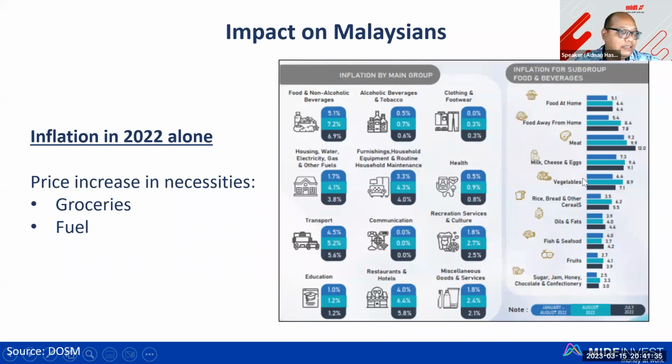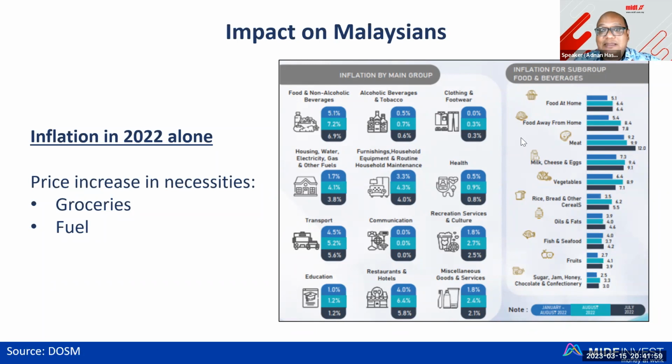If you look at the bar chart on the right, this is 2022 alone. From January to August, we could see that prices of meat actually rose by 9.2%, and August per se actually rose by 9.9%, and onwards it's actually 12%.